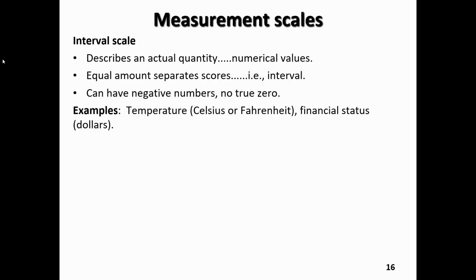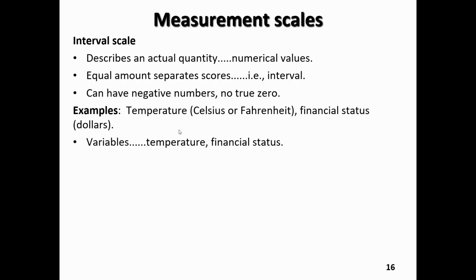The classic example is temperature in Celsius or Fahrenheit. Another example is financial status. And so Celsius or Fahrenheit, depending upon the scale we use, are the units of measurement. Financial status, dollars, is used as the unit of measure.